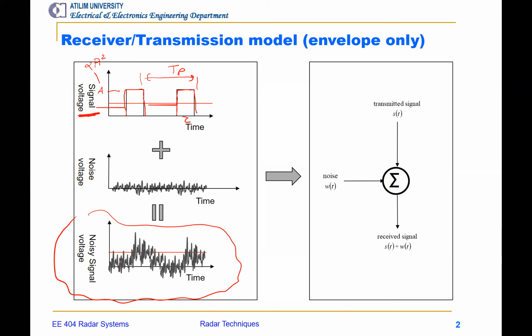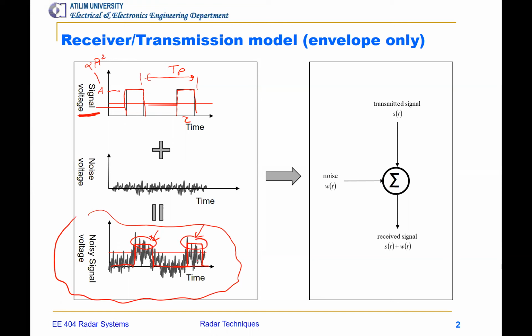So you have a rectangular pulse here, a noisy rectangular pulse, you see, and the goal of the detector is to extract these pulses, whether there is a pulse here or not.